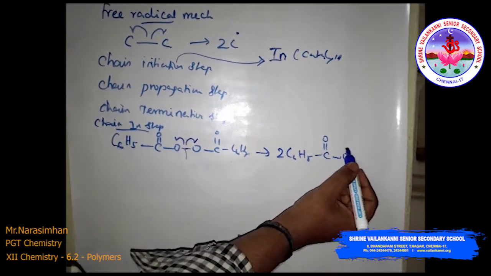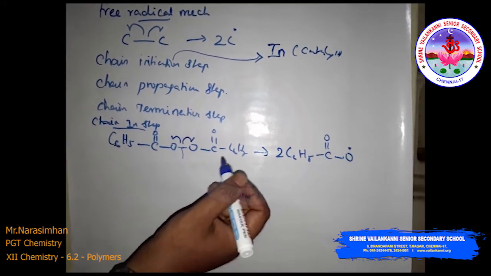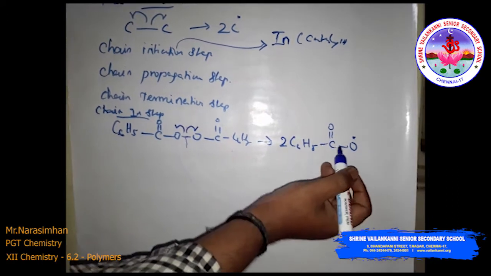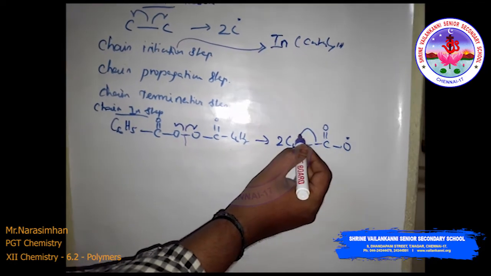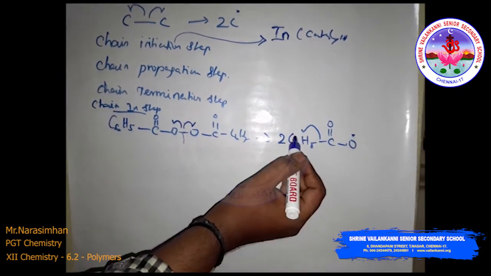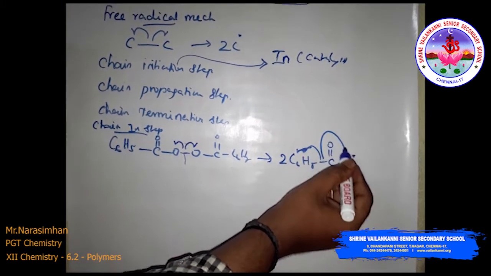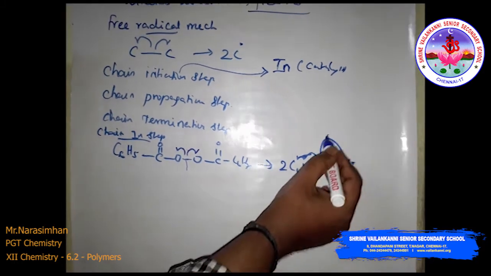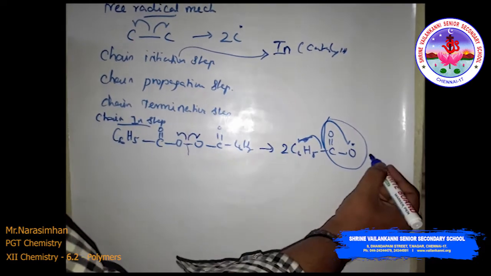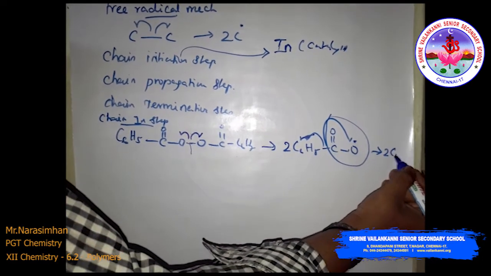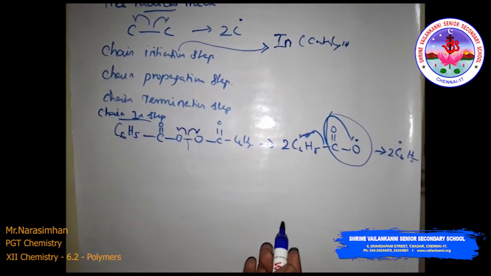Then this undergoes further cleavage: one bond is shifted to this carbon and another electron joins it. So CO2 goes out and it forms a phenyl radical, 2 C6H5. So a phenyl radical is formed.